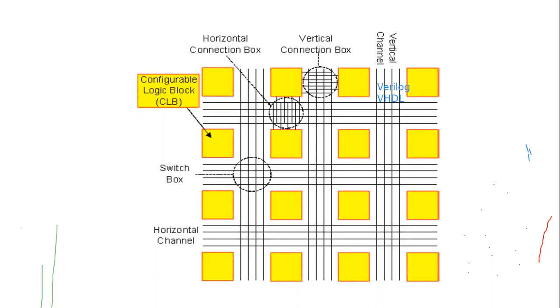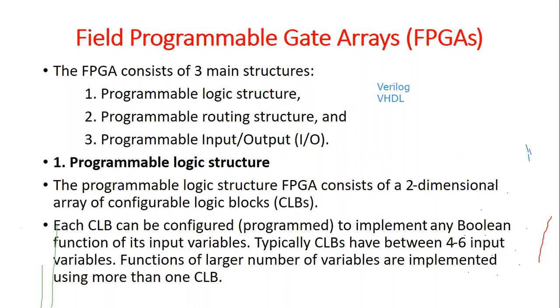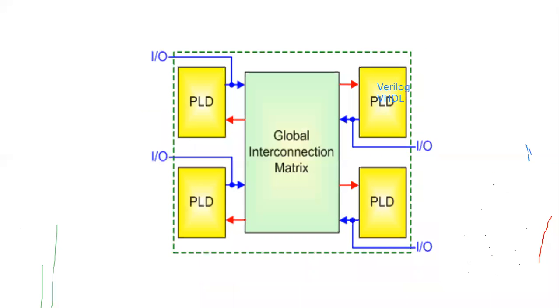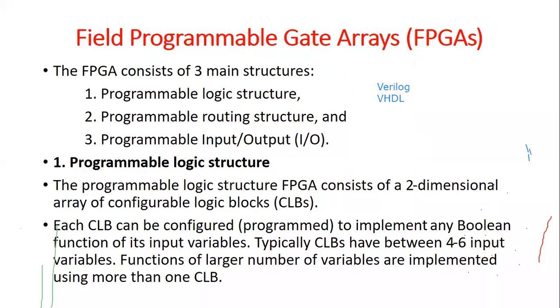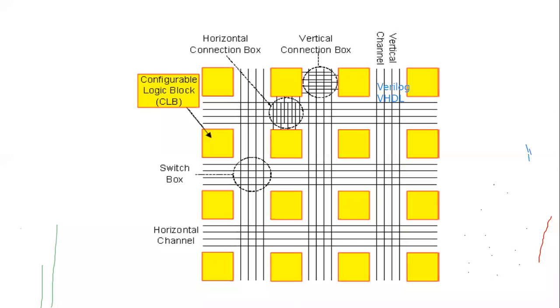The internal connections are all made by using the horizontal connection boxes, vertical connection boxes, and also the switch boxes. So this is how we make the connections in the CPLD, and this one is the FPGA connections.